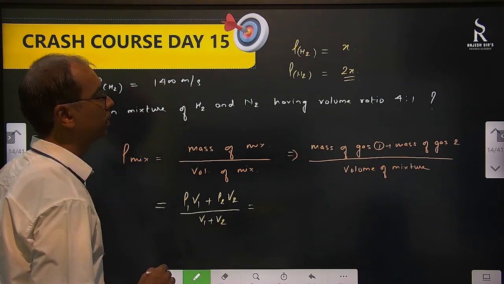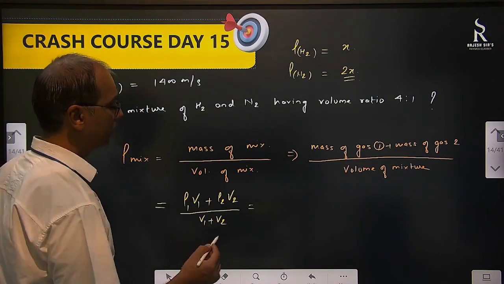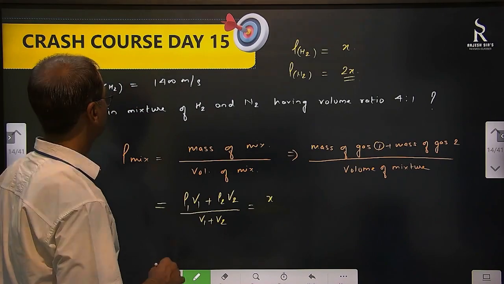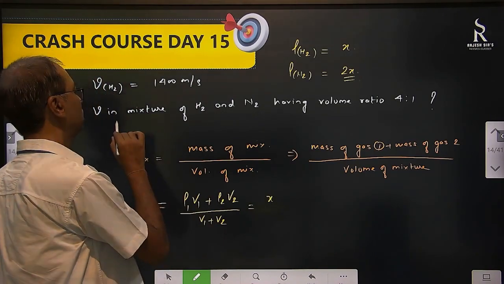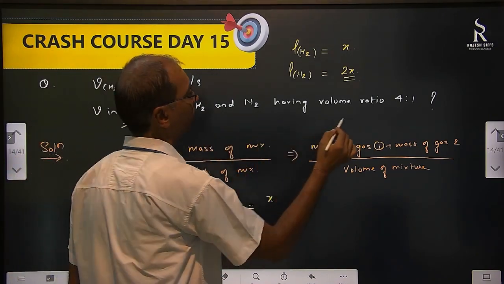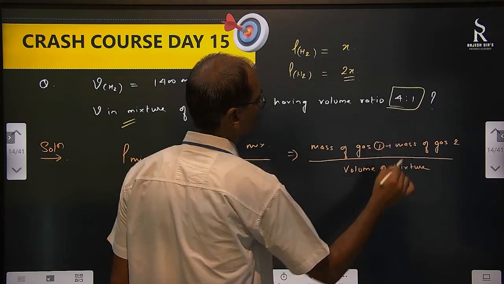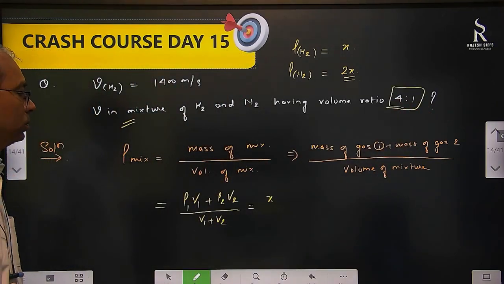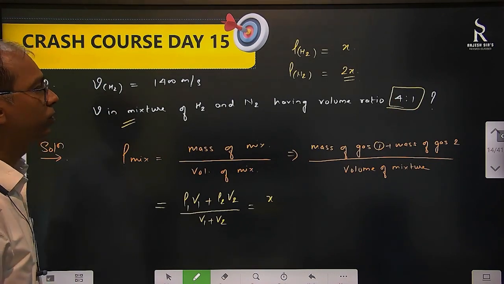Right, so what is given here? Density of 1 is x, we have taken it as x, and volume of hydrogen, he says that velocity in mixture of hydrogen nitrogen having volume ratio 4:2. So hydrogen is 4 volume, 4/5 of actual volume.